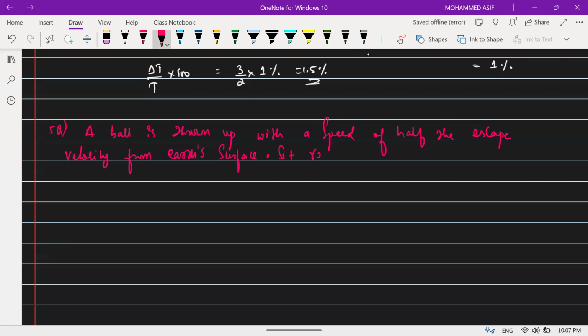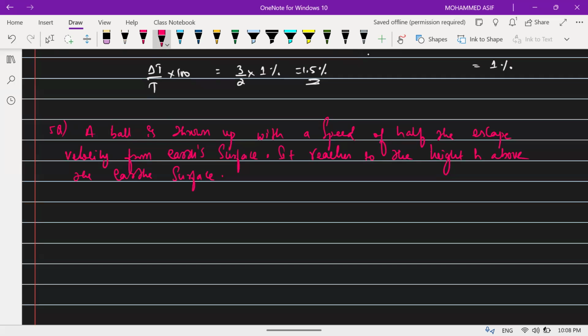It reaches to the height h above the Earth's surface. Okay.